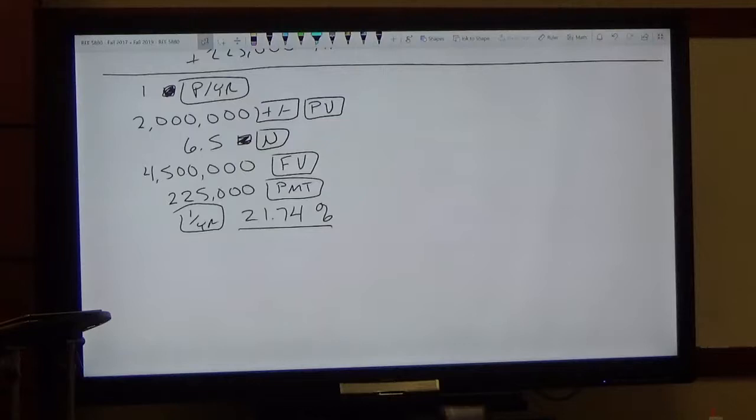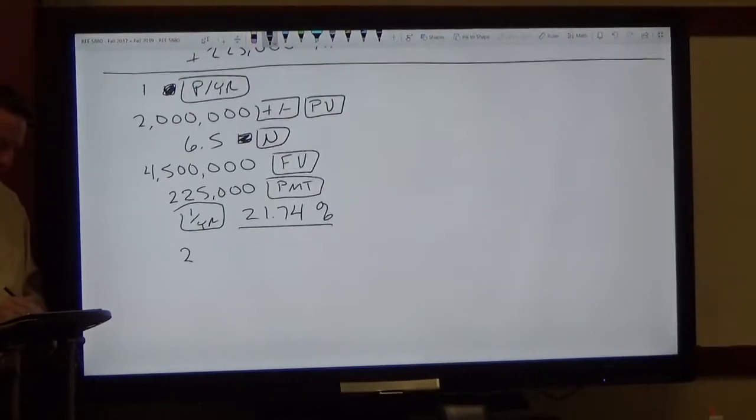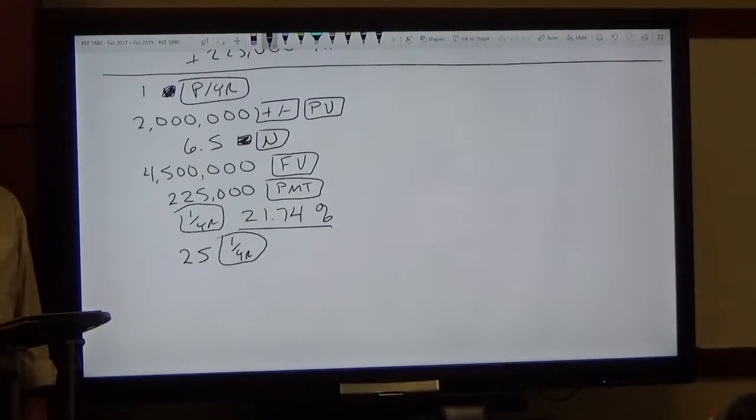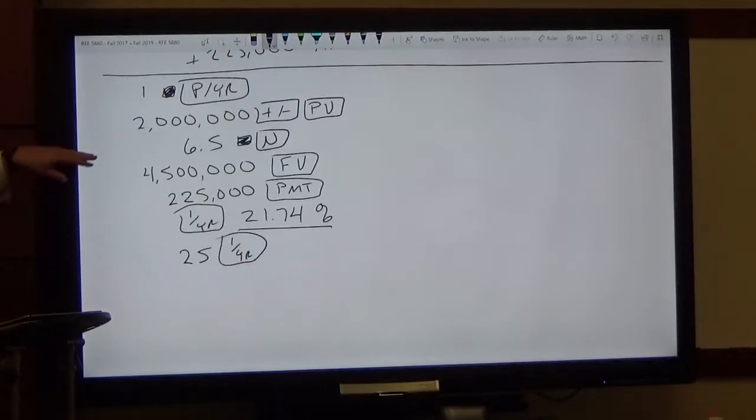If our desire is to get a 25% rate of return, this investment doesn't meet it, correct? But what we could do is put in 25 as our interest rate, and then we could solve for any of the other variables.